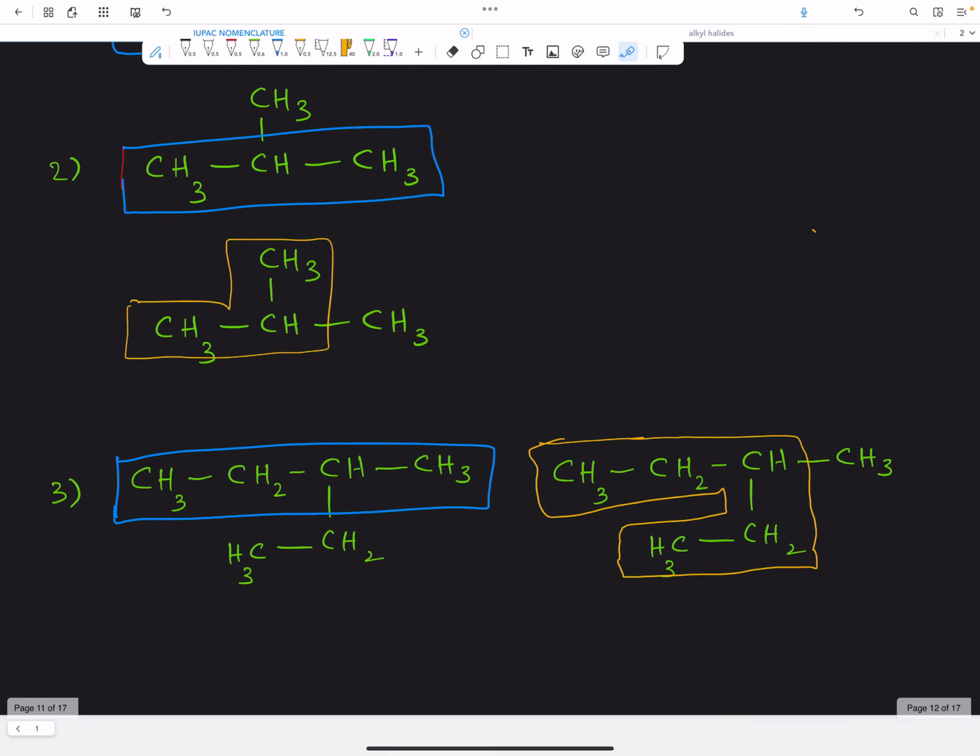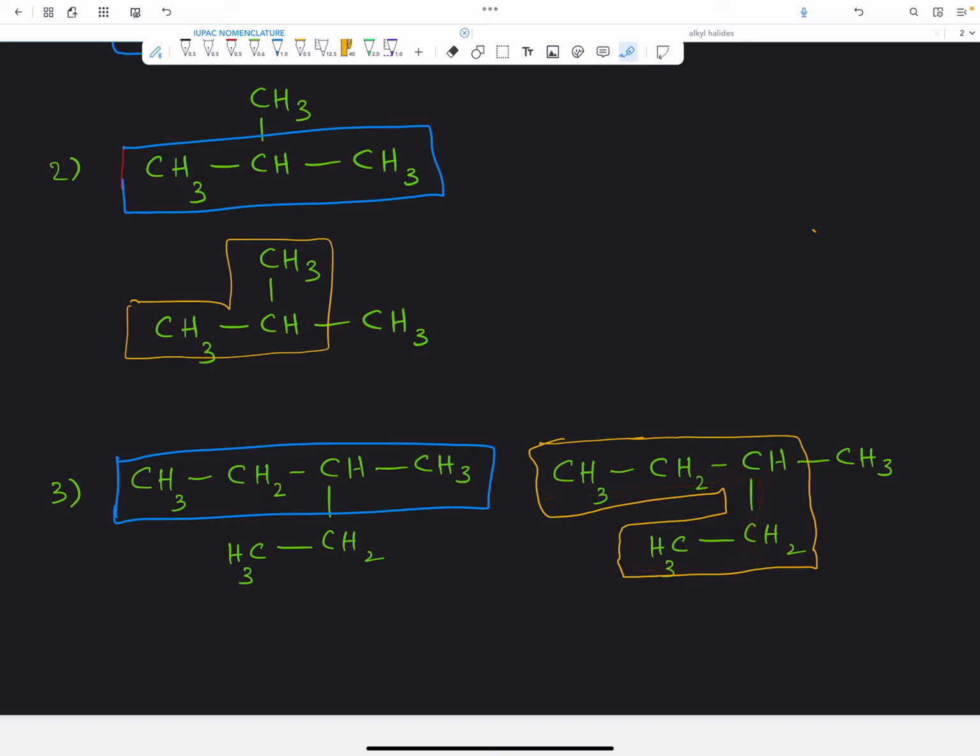Now in this example, 1, 2, 3, 4 carbons are continuously connected in this chain, and here 1, 2, 3, 4, 5 carbons are continuously connected.